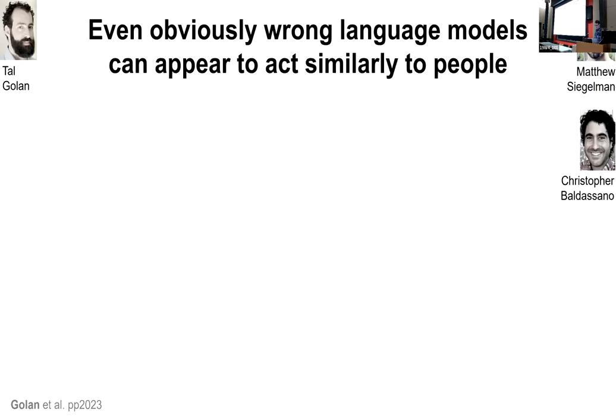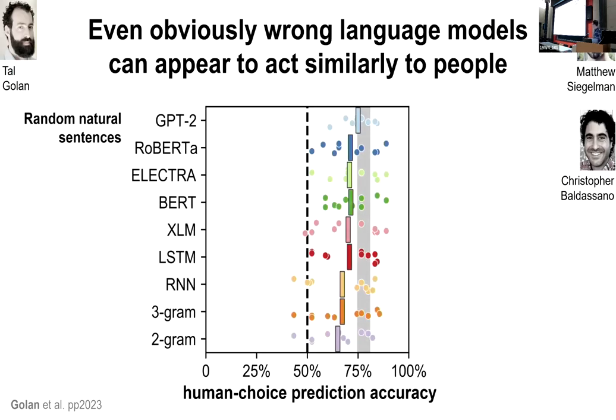When we evaluate the models with just natural sentences drawn at random from a corpus, even obviously wrong language models can appear to act very similarly to people. So here are the results for just using normal sentences to evaluate these models. And you see that some of these very naive models, bigram and trigram models, very naive statistical models, do almost as well as GPT-2. And there are no significant differences here.